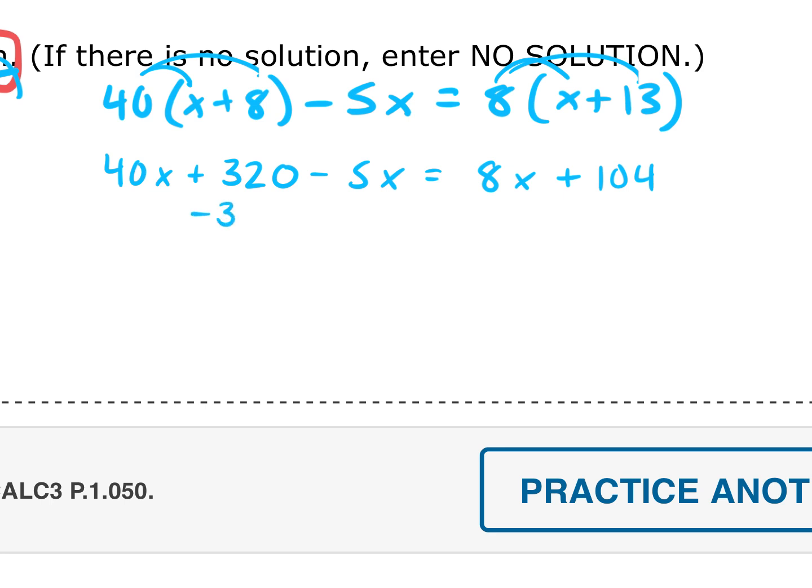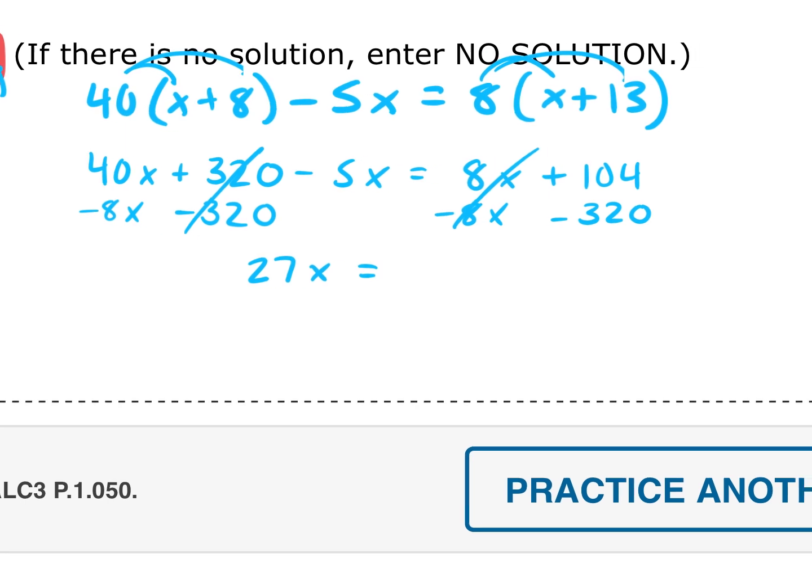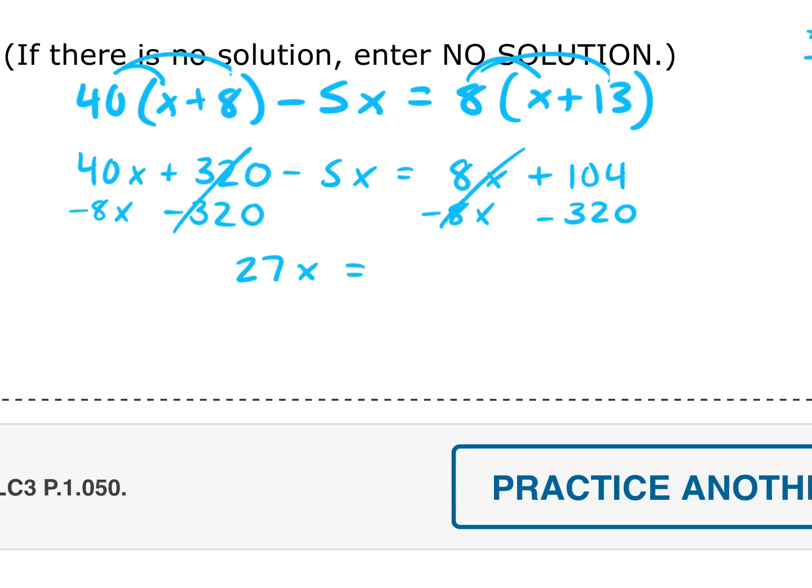So I'm going to subtract the 320 to move it to the other side, and subtract the 8x. So we get 27x is equal to 104 minus 320, which would be negative 216.